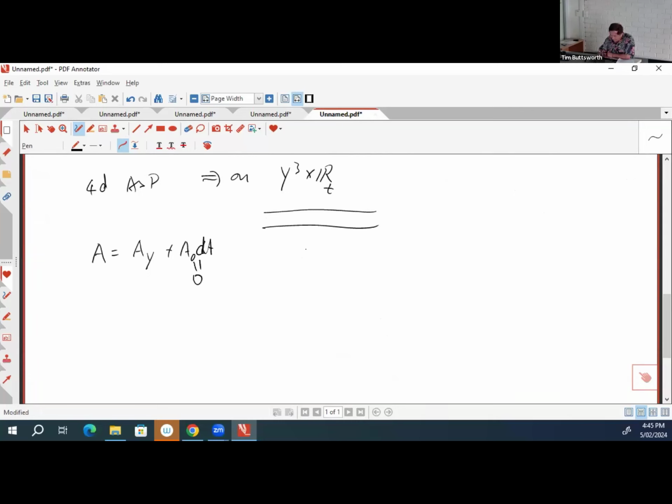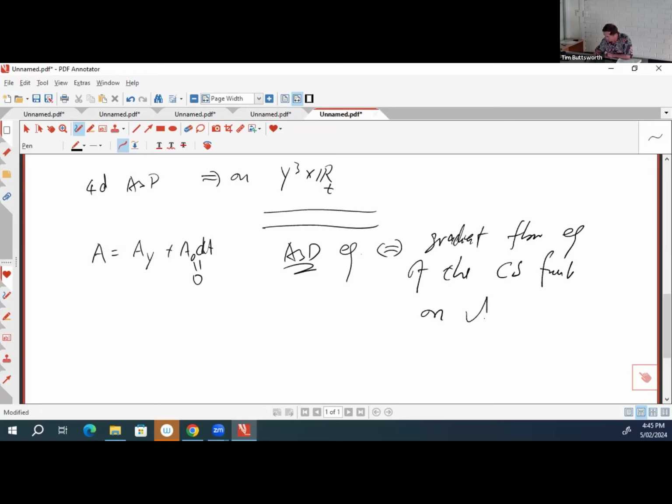And then the ASD connection equation is the same as the gradient flow equations for the Chern-Simons function on the space of connections on Y.